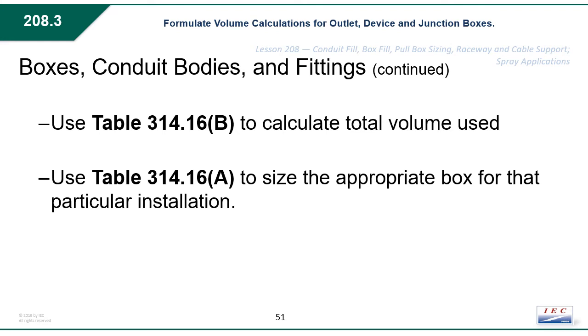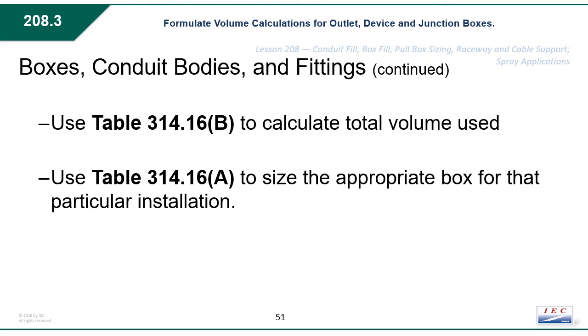And then once I've determined I have 7.5 inches cubed used up in 10 gauge wire, I figure out what I have used up in 12 gauge wire. Then I figure out what I have used up in 14 gauge wire, if any. And then I figure out what I have used up in the devices and add those to that based on the wire size.